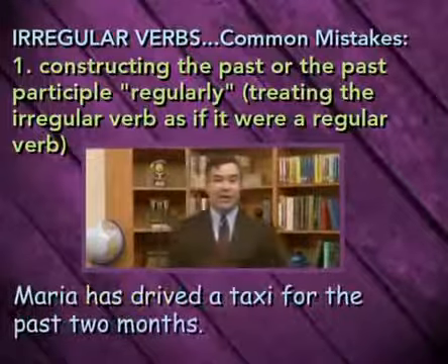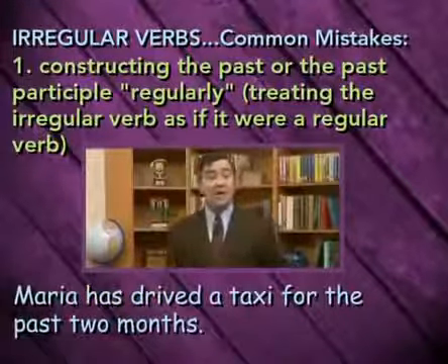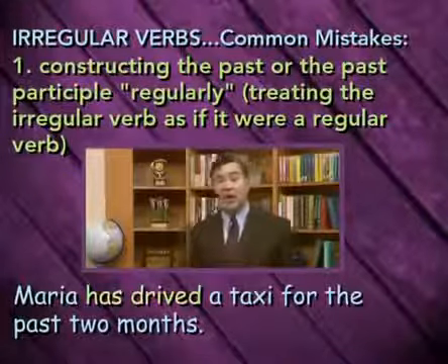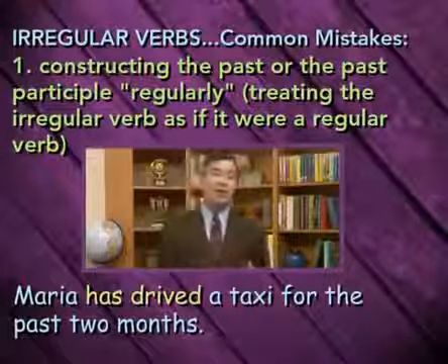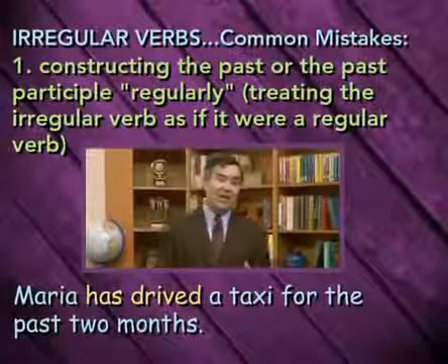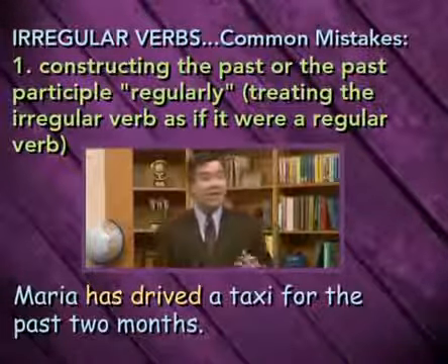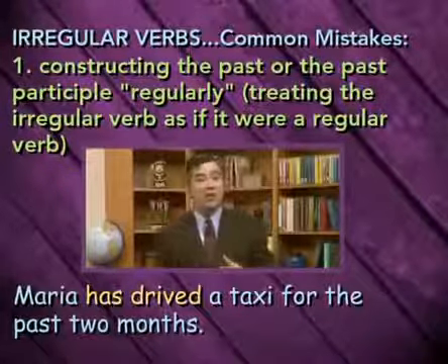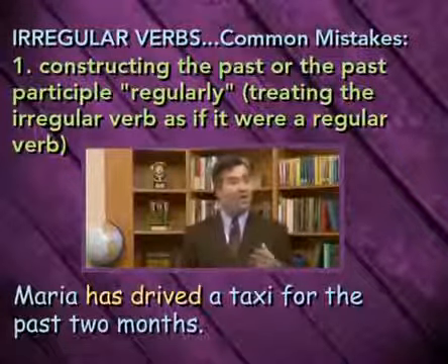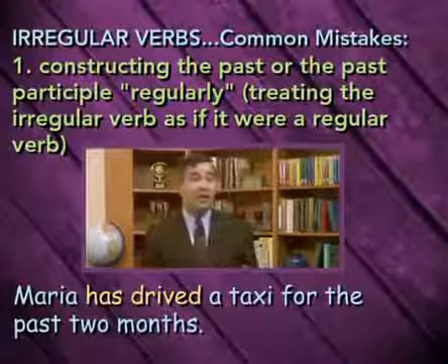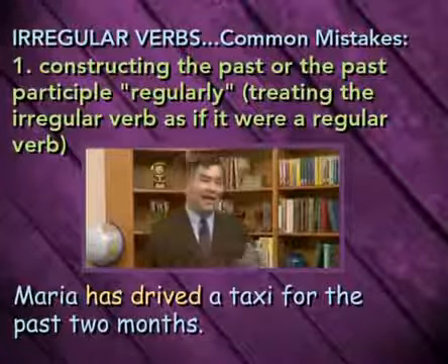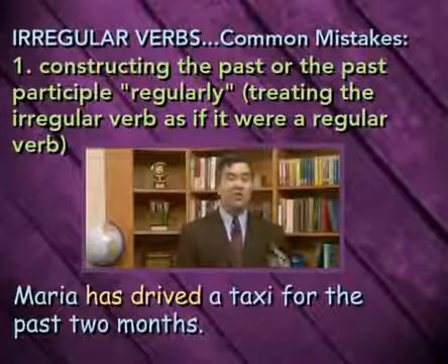Here's one more example. Maria has drived a taxi for the past 2 months. Now here the verb is has drived. This is the present perfect tense. And remember, the present perfect tense would be formed using the present tense of the verb to have together with the past participle, in this case of the verb to drive. Once again, drive is an irregular verb, and therefore we can't create the past participle simply by adding ed and turning it into drived.